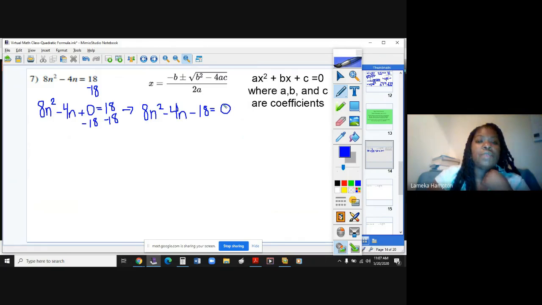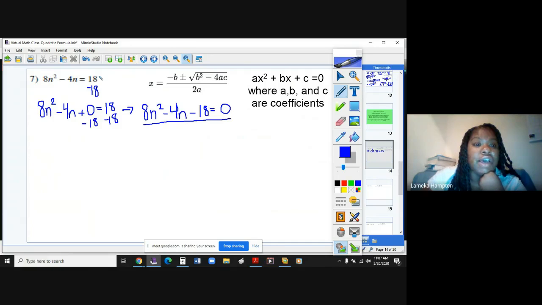So I'm going to use this equation right here. I'm not going to use the original equation. The only time I use the original equation is when I am substituting my answers back in to check my work to make sure that I'm doing what I'm supposed to do.